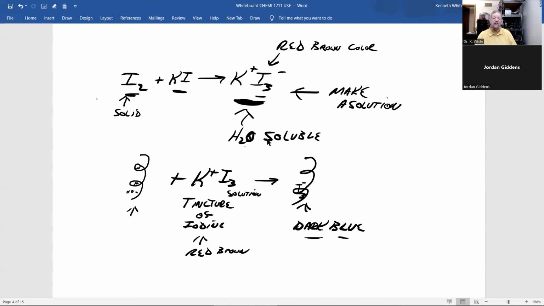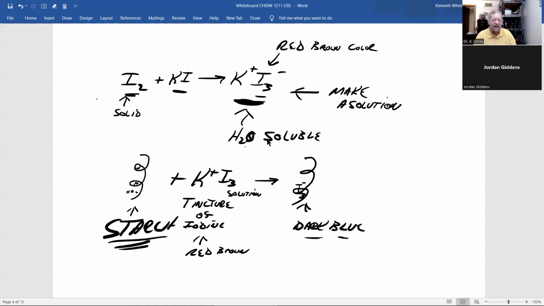So if you take a substance of food and put a few drops on there, you wait 10 seconds, not even that long. If it stays red-brown, there's no starch. And by the way, I should have written here, you need a very long chain of multiple glucose to have a starch.